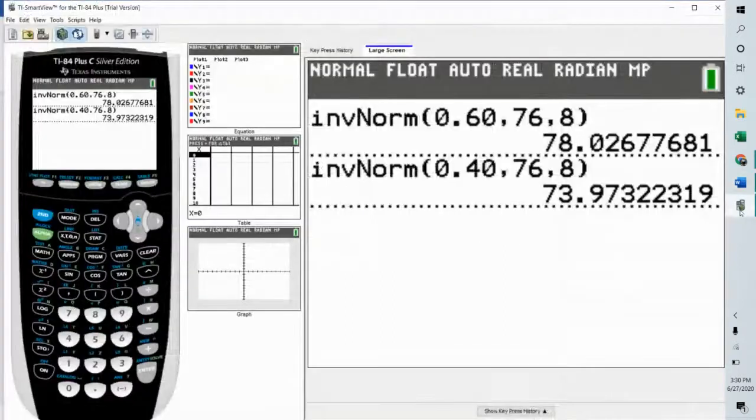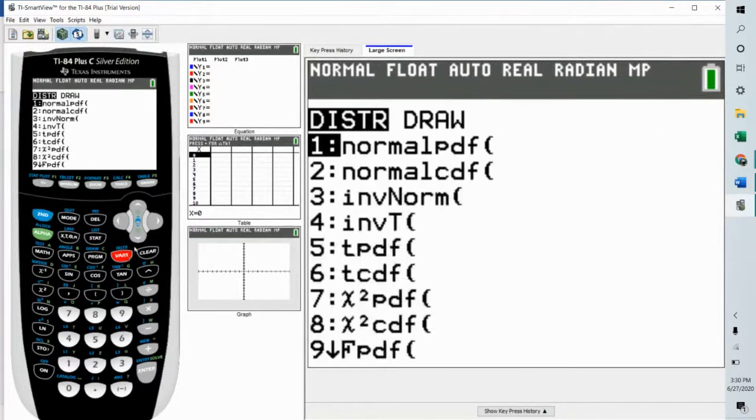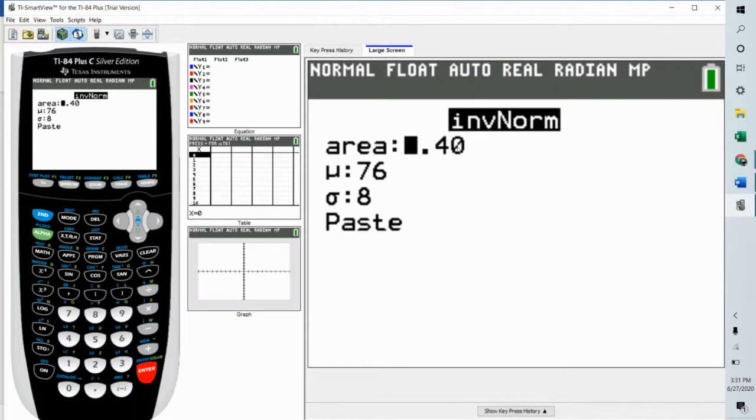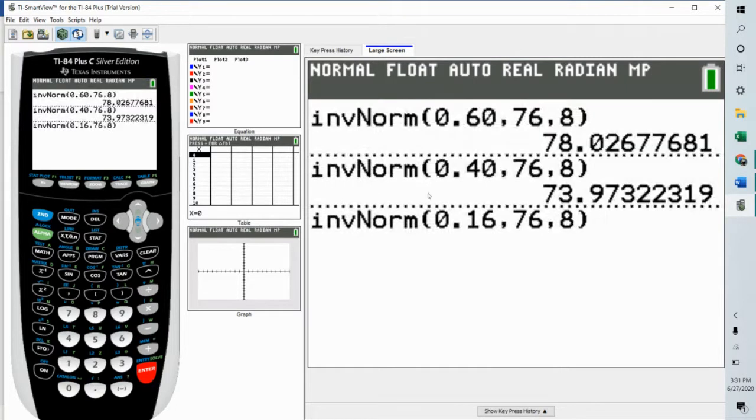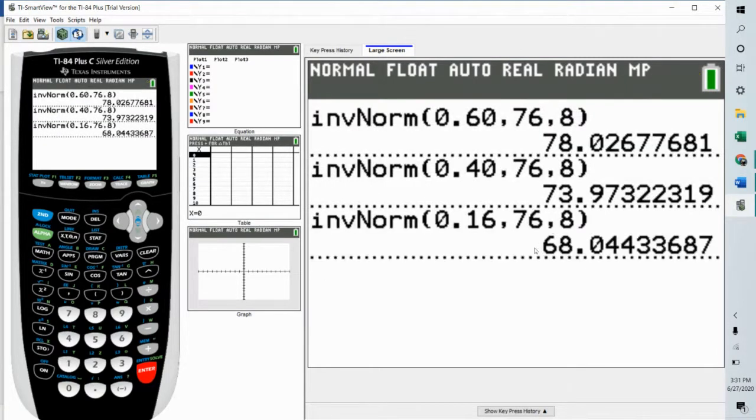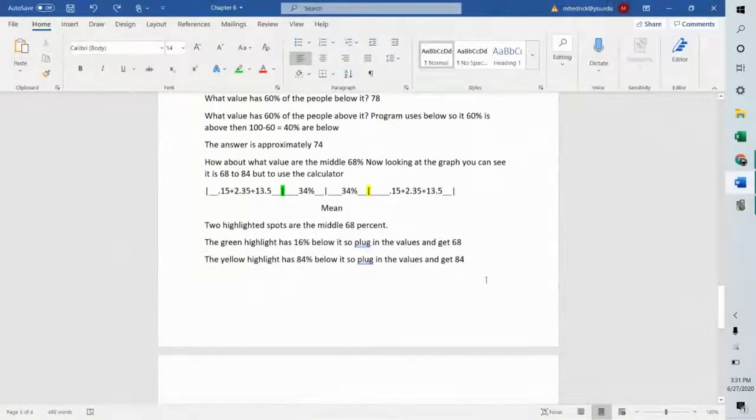Let's see. So if we go to the calculator, second inverse, and instead we want 16. And there's our 68. To find the upper part of the interval for the middle 68, we need to add up the percents all below it.